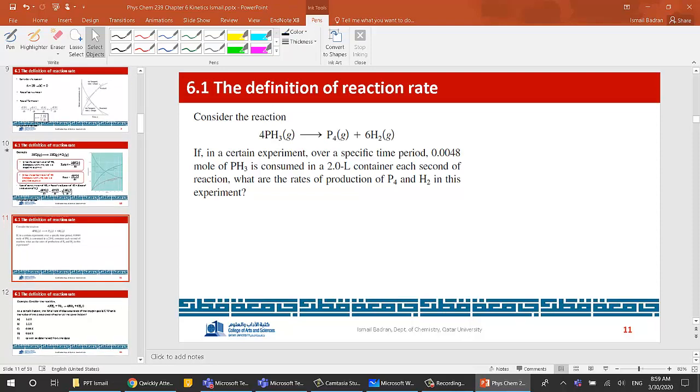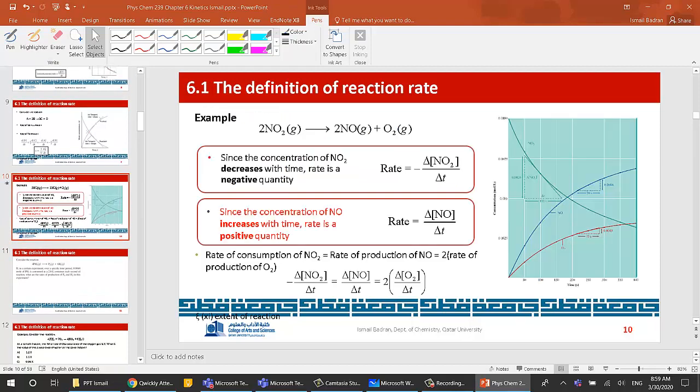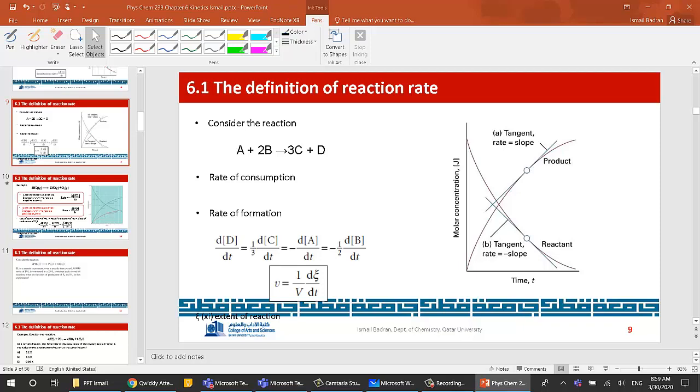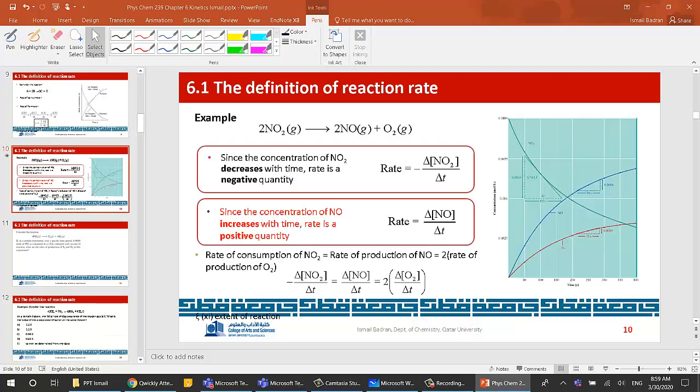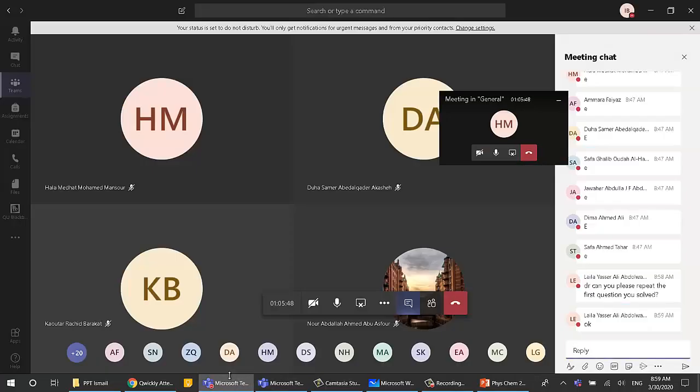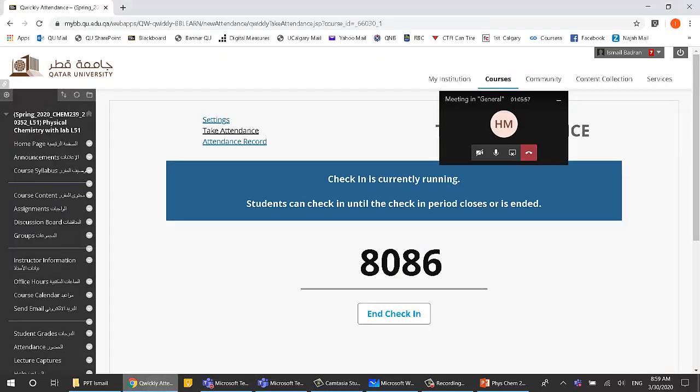But simply you can do the proportion thing, or you can calculate the rate of the reaction itself, and then from that you can calculate everything else based on this formula. Yes, thank you. Anybody else has a quick question? Did you guys attend the course? 8086 again, last call, please. 8086 is the code.